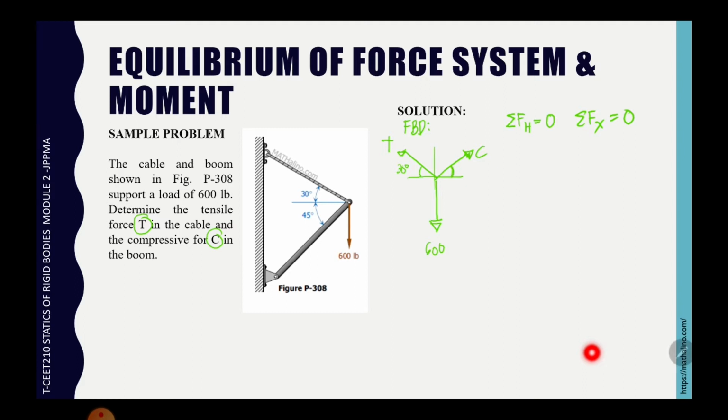Angle nito ay, kung i-extend mo to, ganyan, angle nito is equal to 45 degrees pa din. So, ang magiging summation of forces, so, pag pataas, positive, at pag pa-right, positive.